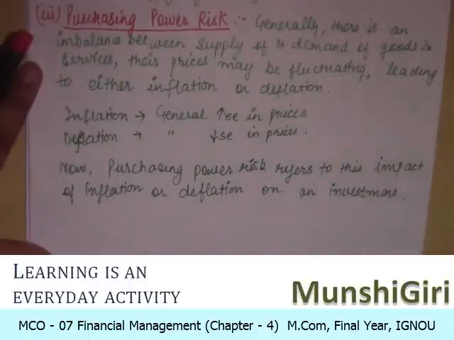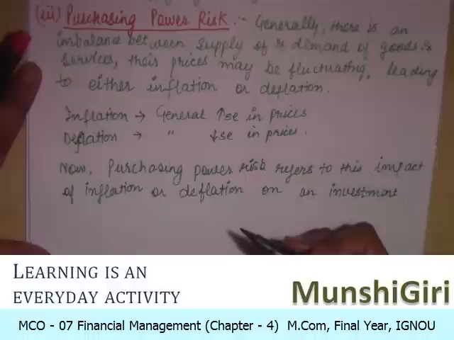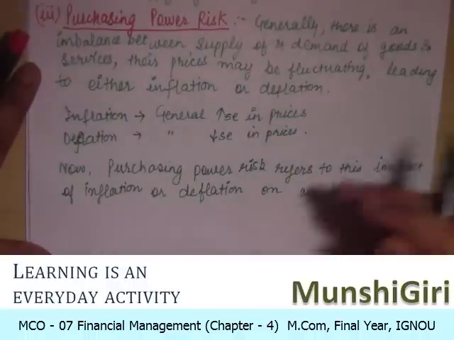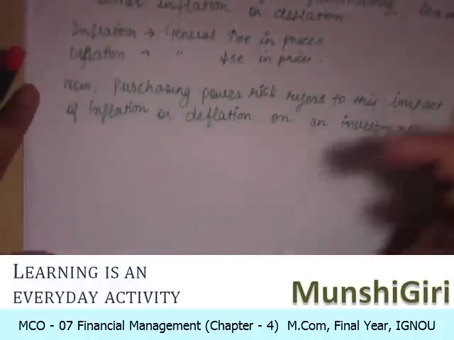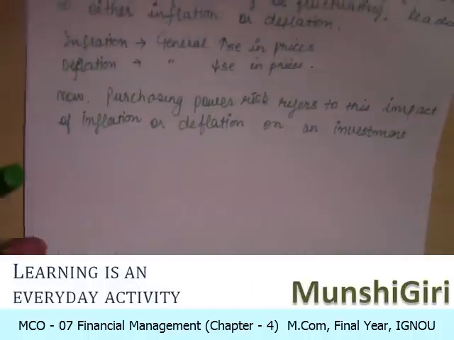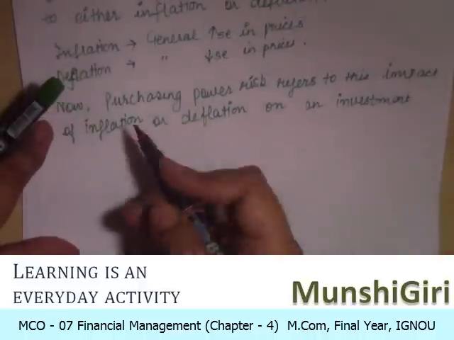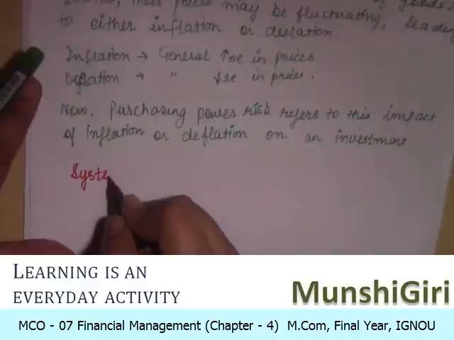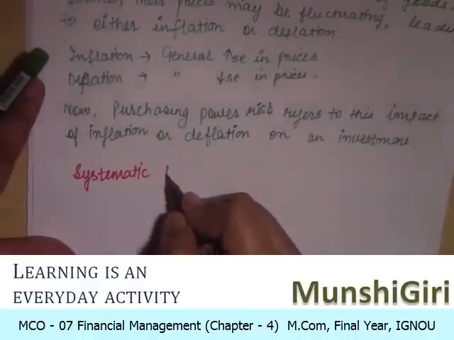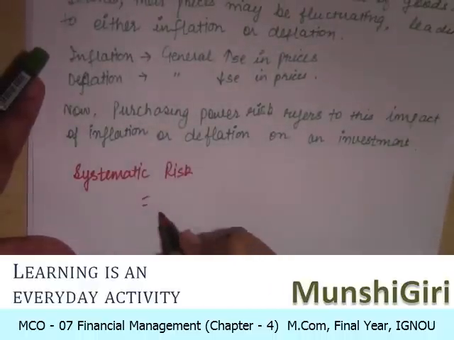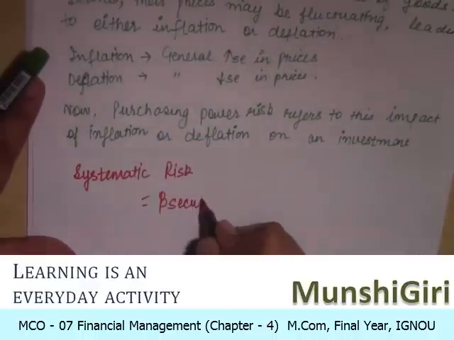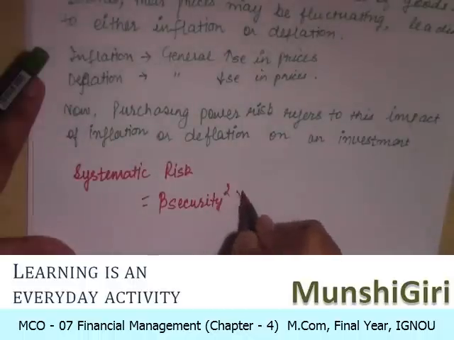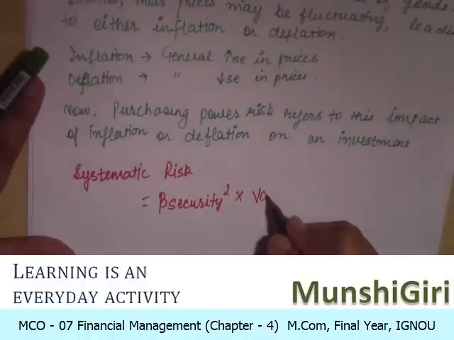The implication of the purchasing power risk is that investors have to provide for an allowance for the unexpected changes in prices. Now we have a formula for calculation of systematic risk. Systematic risk is equal to beta of the security squared into variance of the market.